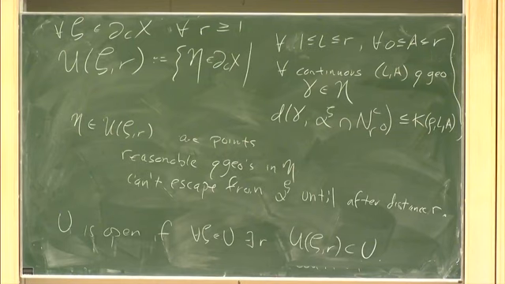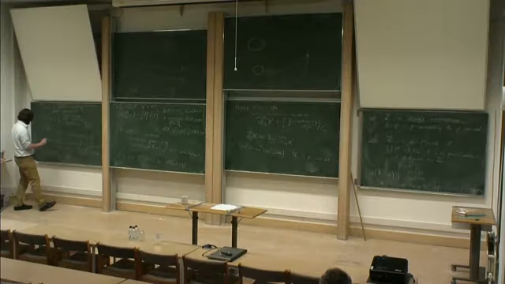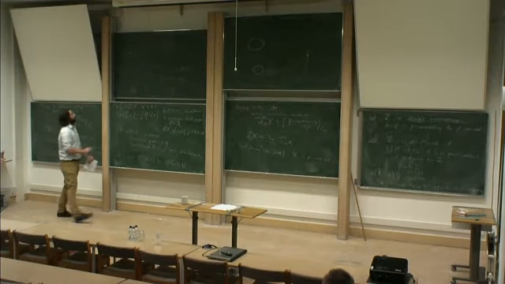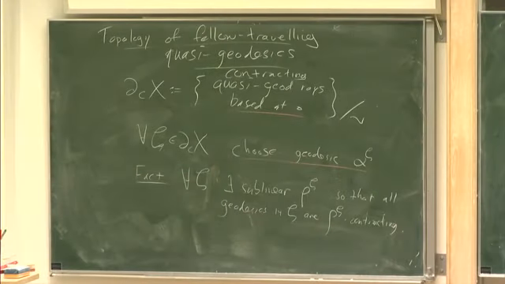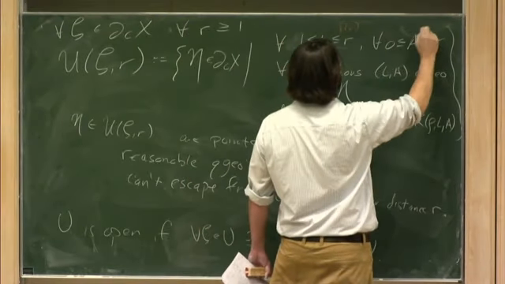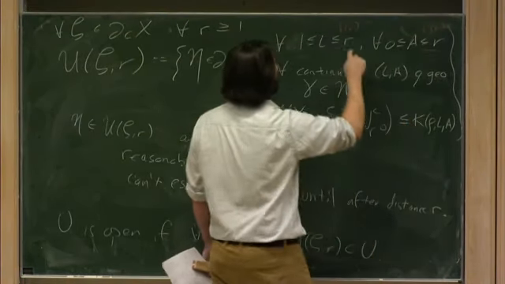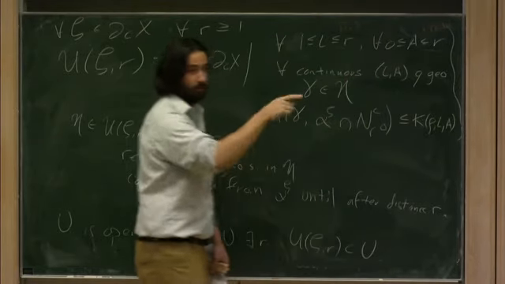Now there were a lot of choices, so let me say something about the choices. The base point doesn't matter, as you can guess. This choice doesn't matter. These choices don't matter, so if you want to replace them by some functions f and f prime of r, that's fine as long as these functions are increasing and unbounded.